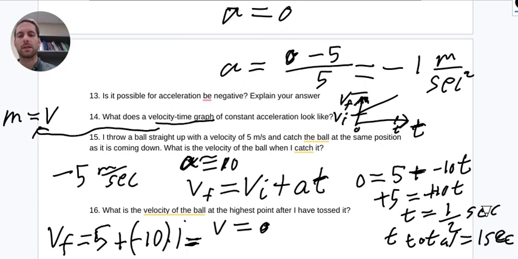And that's going to give us -5 meters over seconds. And if you chose to use 9.81, you get a value really, really close to that.